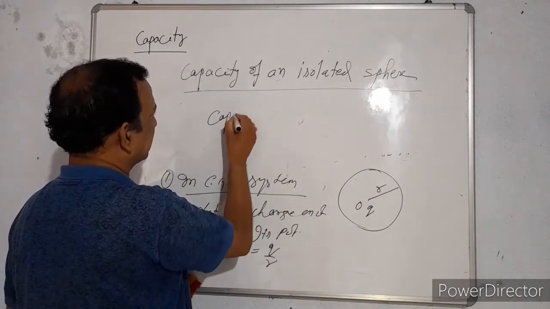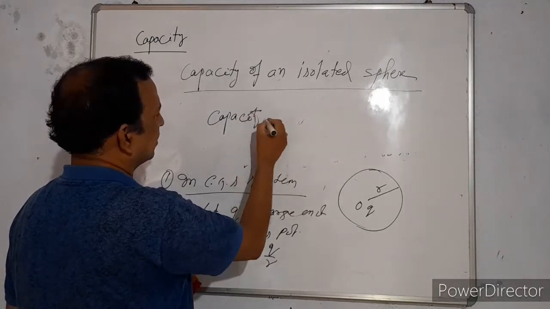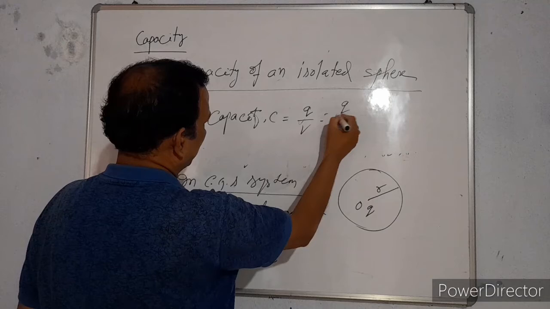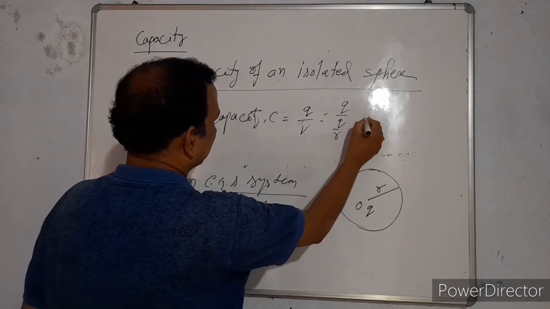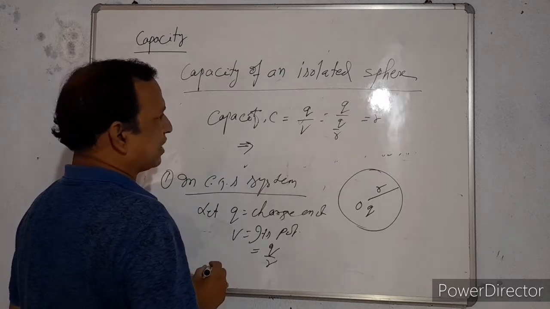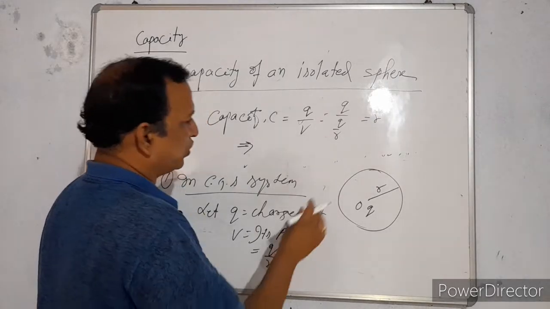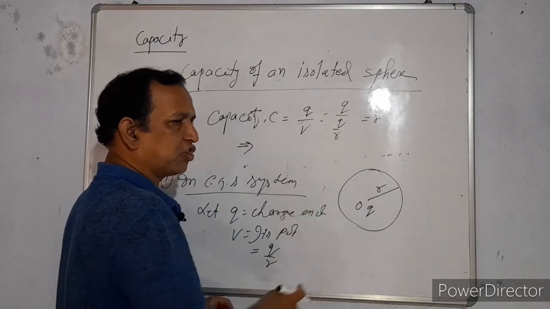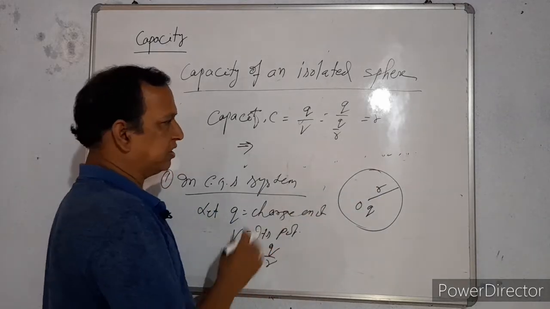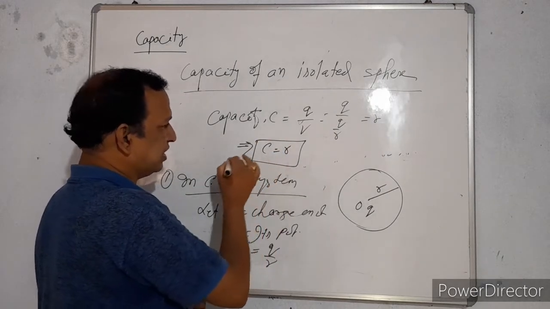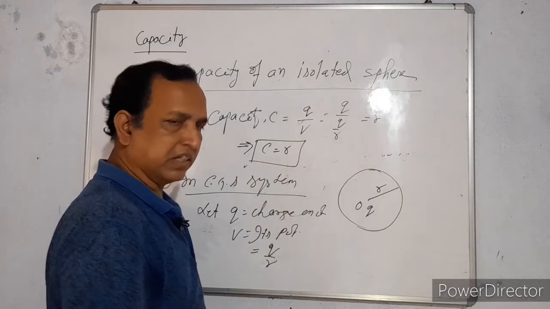Capacity C is equal to Q by V, or Q by R, that is R. So in case of the capacity of an isolated sphere, which is completely isolated from other charges, C is equal to R. In CGS, C is equal to the radius.